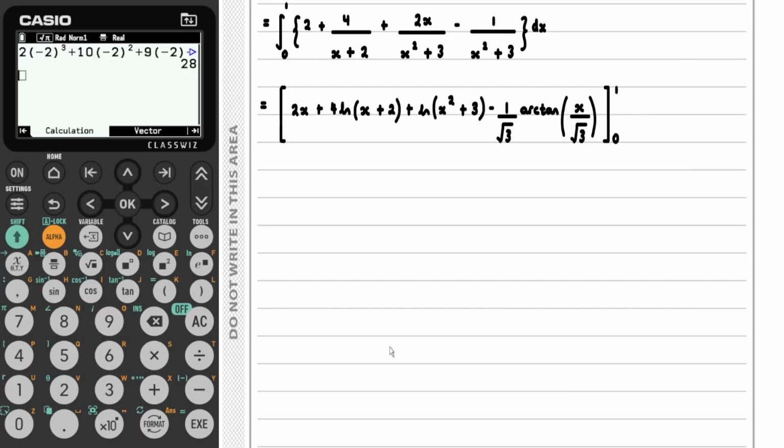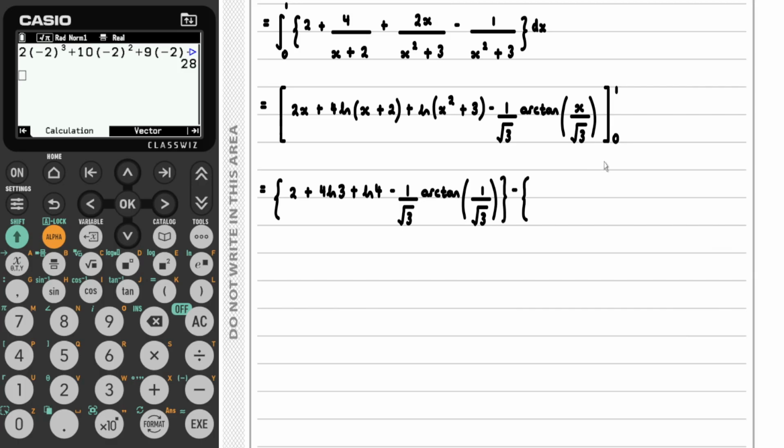If we now substitute in for our upper limit, x equals 1, we have 2 times 1, which is 2, and then we add on 4 times the natural log of 1 + 2, so that's 4 times the natural log of 3, and then we add on the natural log of 1² + 3, so that's the natural log of 4, and then we subtract 1 over root 3 times the arctangent of 1 over root 3.